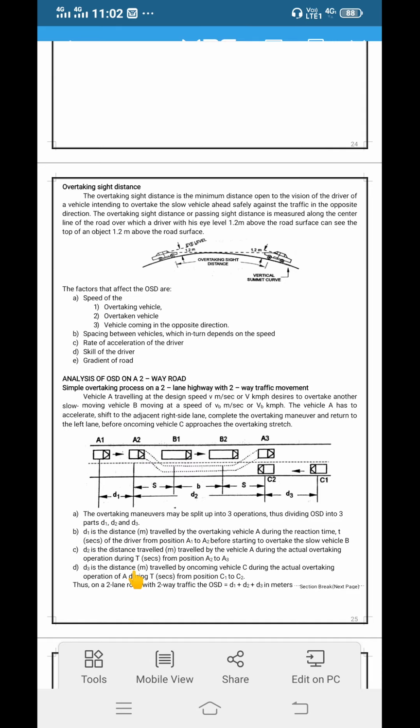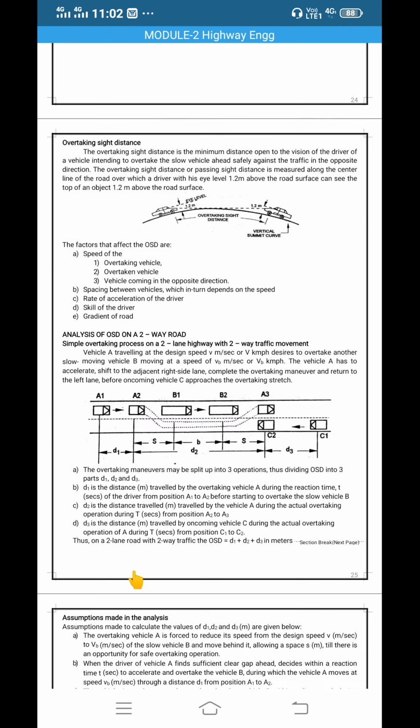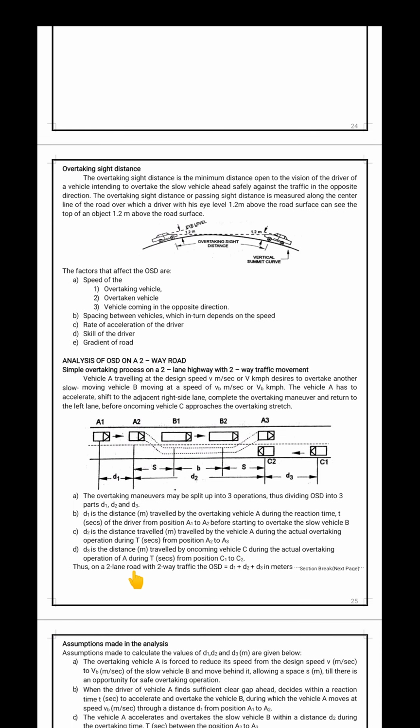There are various factors which affect the overtaking sight distance. One is the speed of the overtaking vehicle, and also the speed of the overtaken vehicle and of the vehicle coming from the opposite side. These three speeds are the important factors.